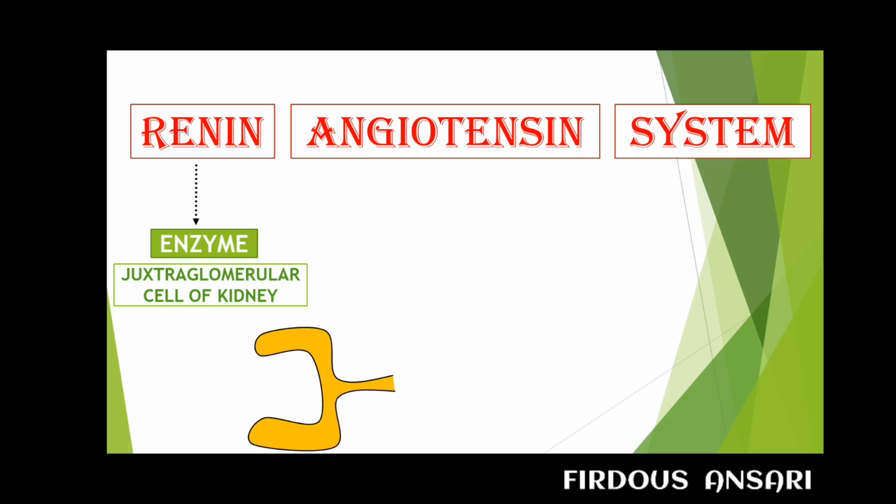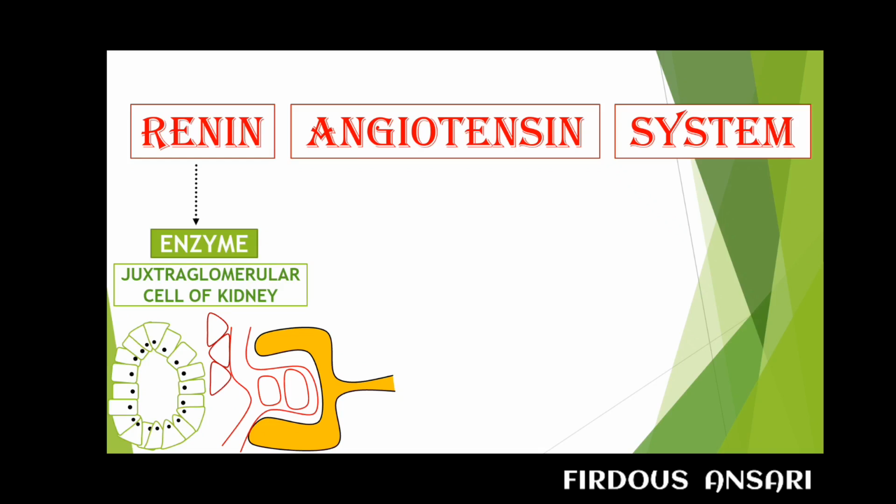Suppose this is your Bowman's capsule and this is the blood vessel, obviously the afferent and the efferent arterioles. The muscles of the afferent arteriole have a baroreceptor. Just nearby the afferent arteriole will be a part of the distal convoluted tubule.